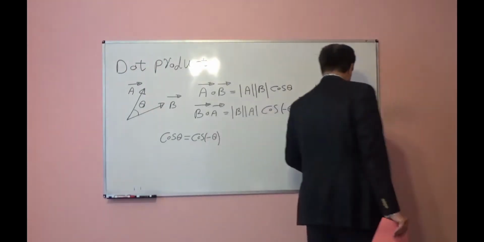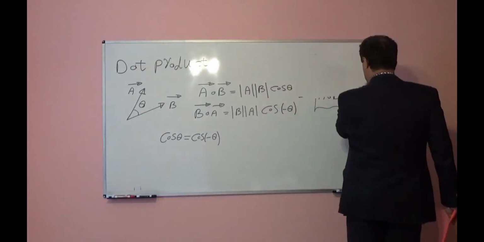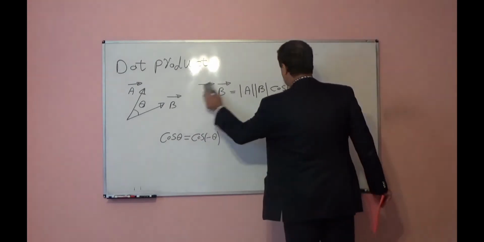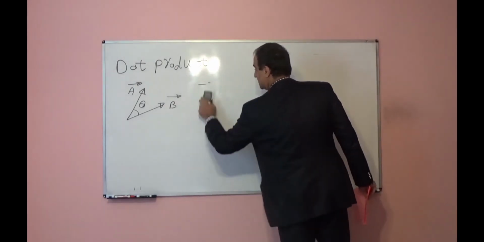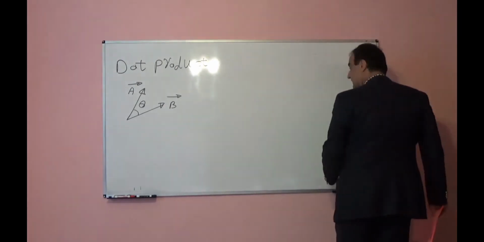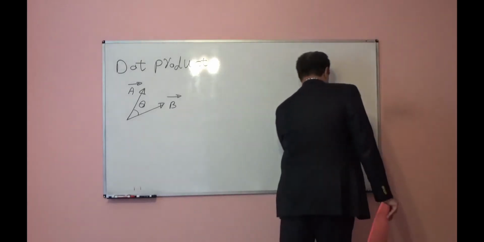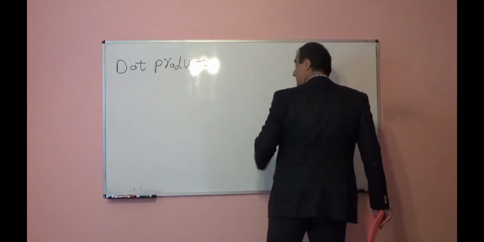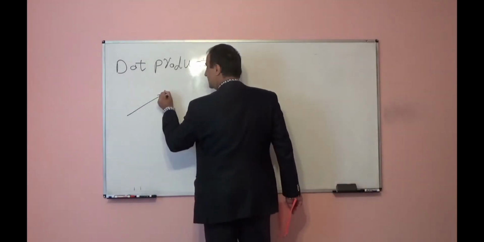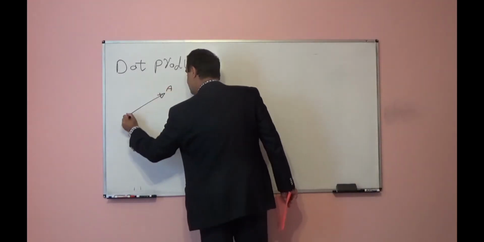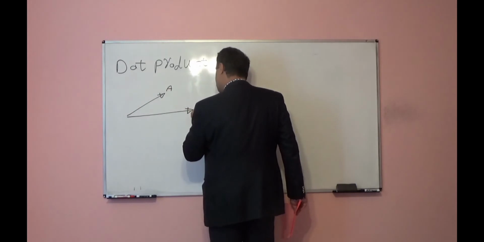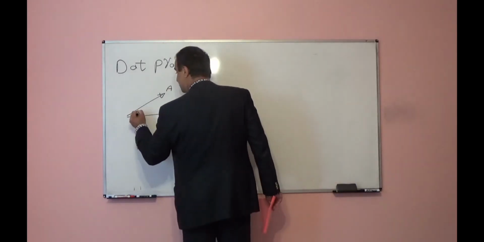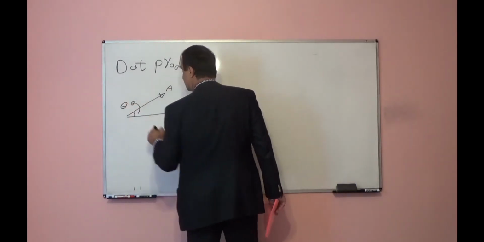If I, for example, draw another picture, vector A, this is vector B, and this is angle theta.